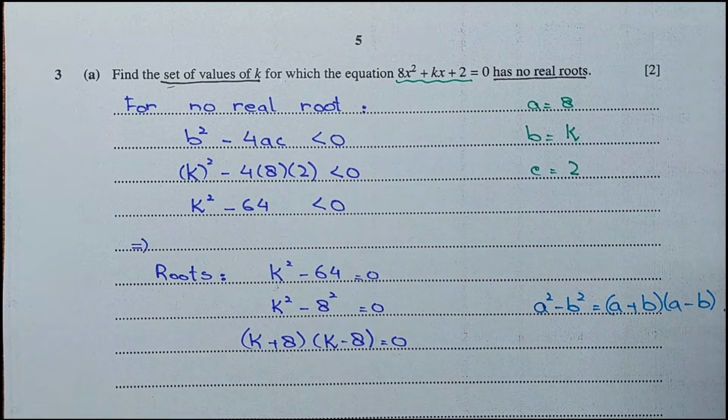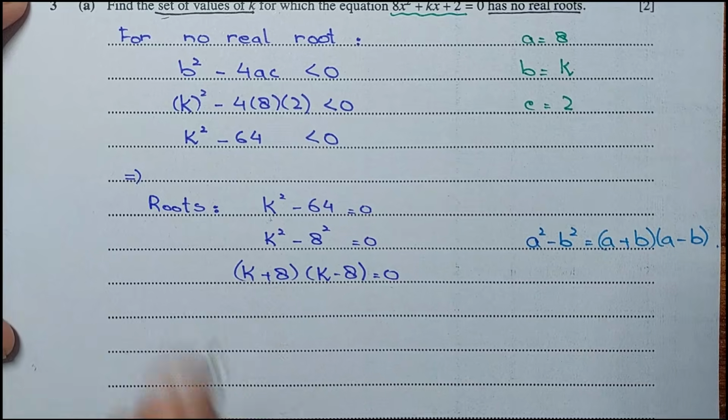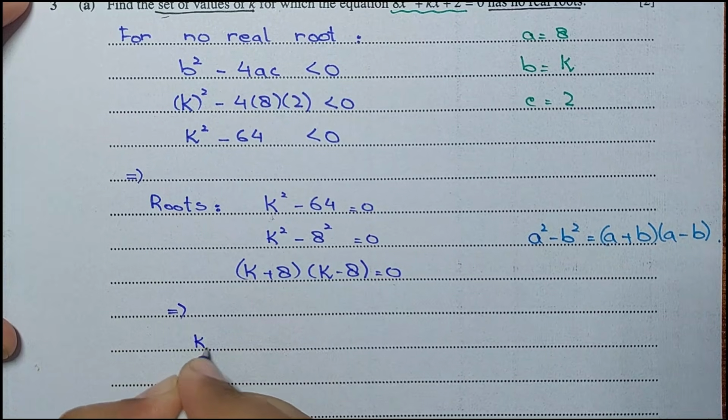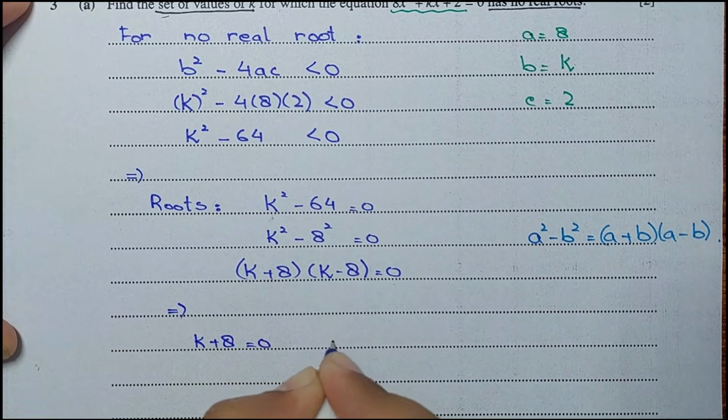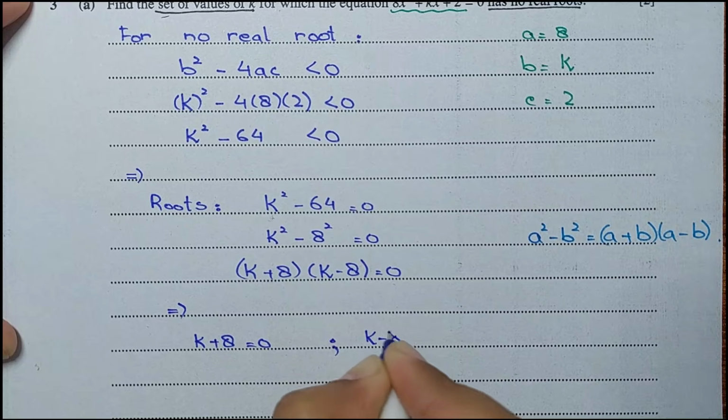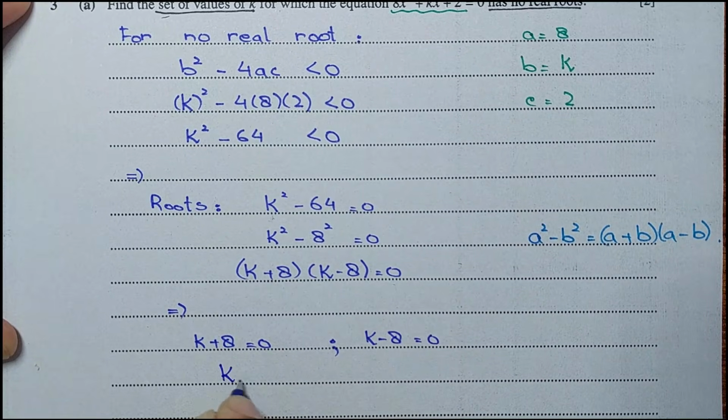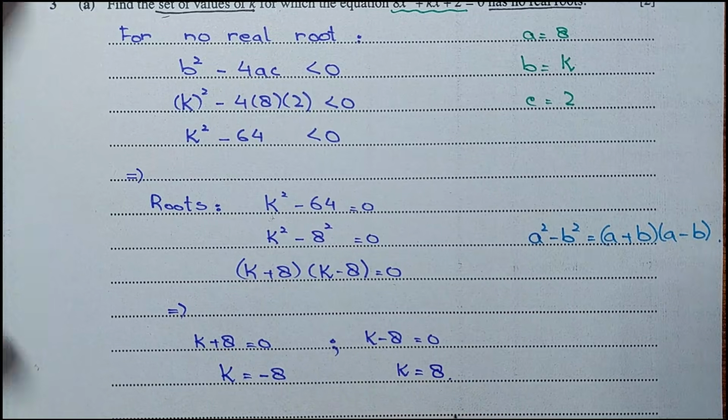Now we can put both factors separately equal to 0 and solve for k: k plus 8 equals 0 and k minus 8 equals 0. From here the k value is negative 8, and here the k value is positive 8.